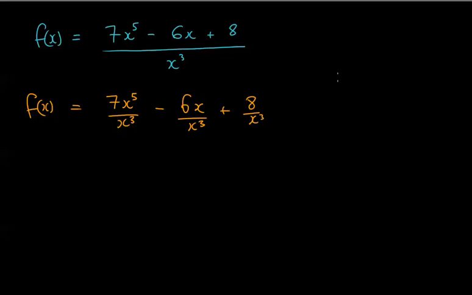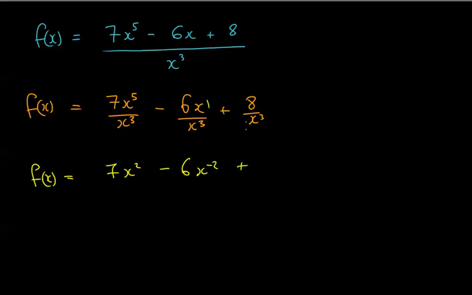That helps us because now we can use some of the laws of indices to simplify this. What happens to x to the power 5 divided by x to the power 3? You just subtract the powers, so you get 7x to the power of 2 on the top. Minus, and then what happens here? You've got a power 1 over 3, so that becomes 6x to the power minus 2. It's convenient doing it this way rather than writing 6 over x squared.